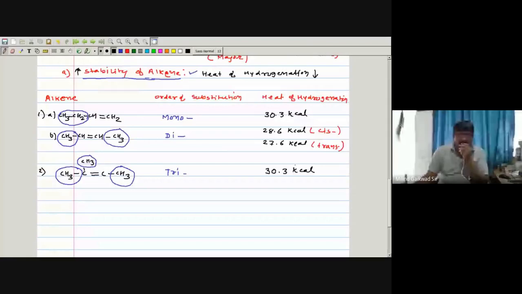In this case, compare mono and di, and we'll find that the heat of hydrogenation of a di is 27 or 28, meaning less than the mono.